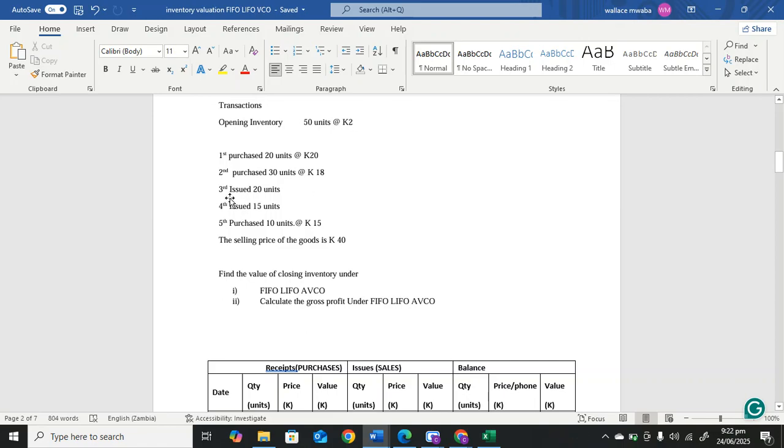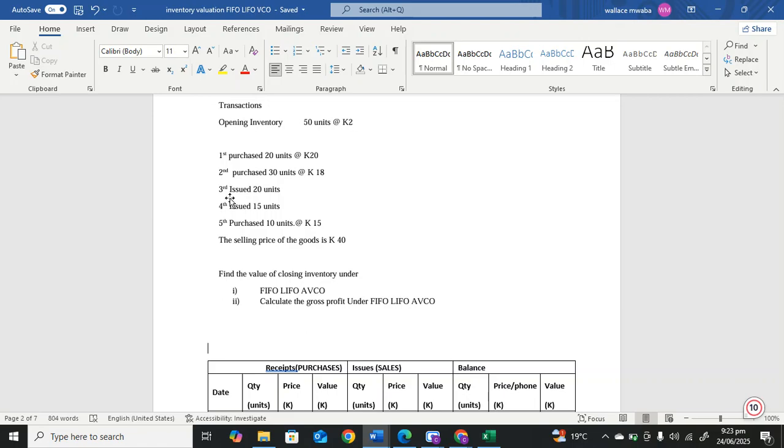We issued 20 units. These units that are issued can be either issued to another production department, or they can also be sold. But anytime there's an issue or a sale, you are going to value the inventory at cost.